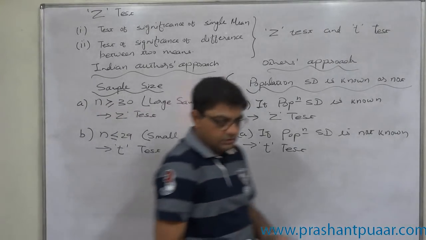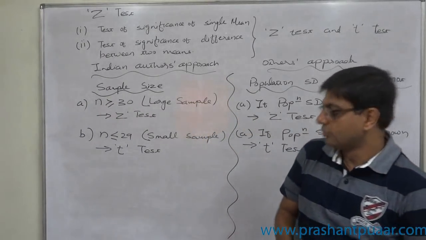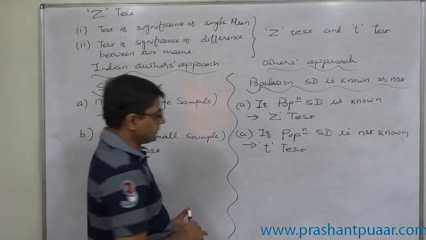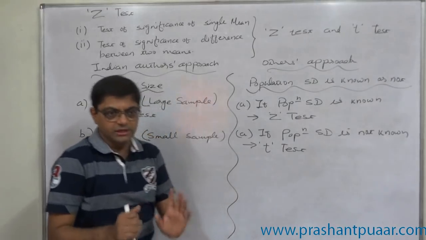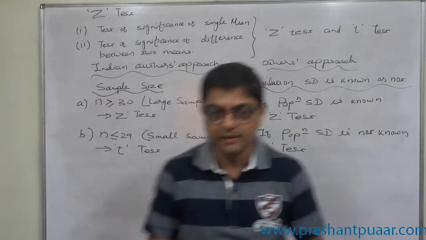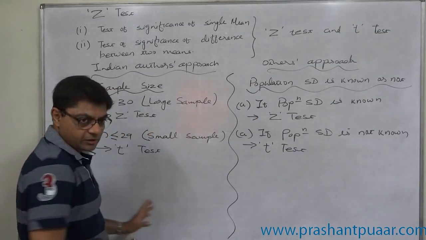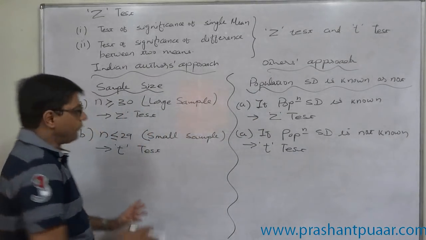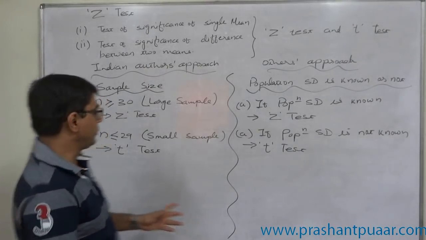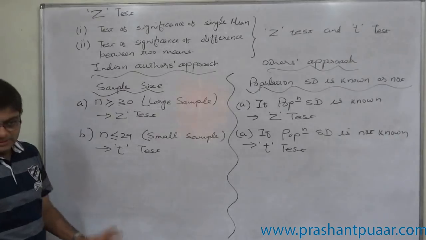Now, for us, what we should do. Being students of GTU, Gujarat Technological University, we require to study this chapter, testing of hypothesis, Z-test, T-test as well as chi-square test, from Indian reference book, and that reference book follows this approach, the sample size approach.